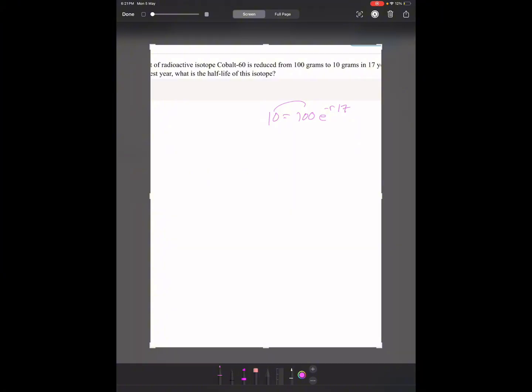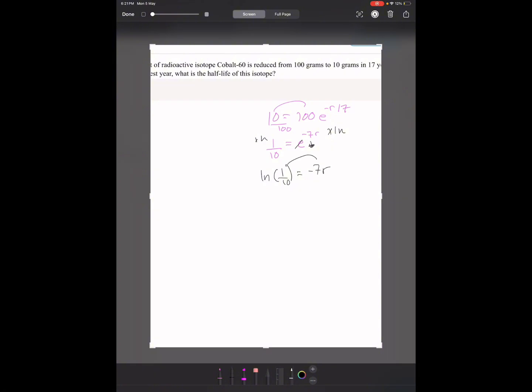10 divided by 100 is going to be 1 over 10 equals e to the power of minus 7r. Get rid of the e, take this down, so times ln 1 over 10 equals minus 7r.